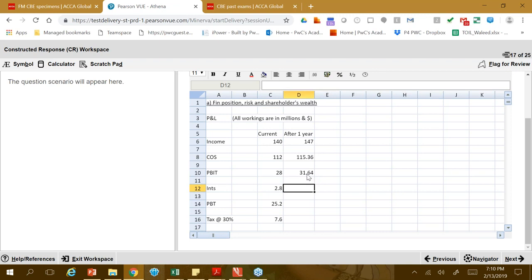Interest. Now I've got a question here. This business was looking to raise $20 million using the debt. And they already have some interest expense on their P&L, 2.8 million.